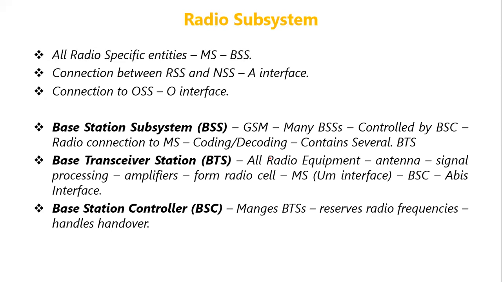A GSM cell can measure between some 100 meters and 35 kilometers depending on the environment.